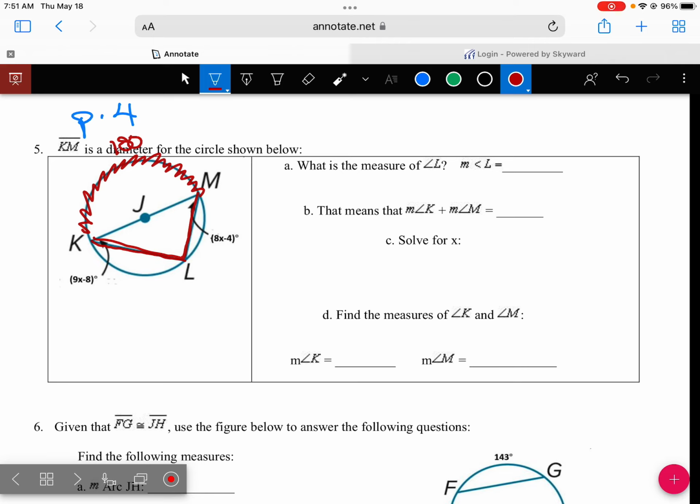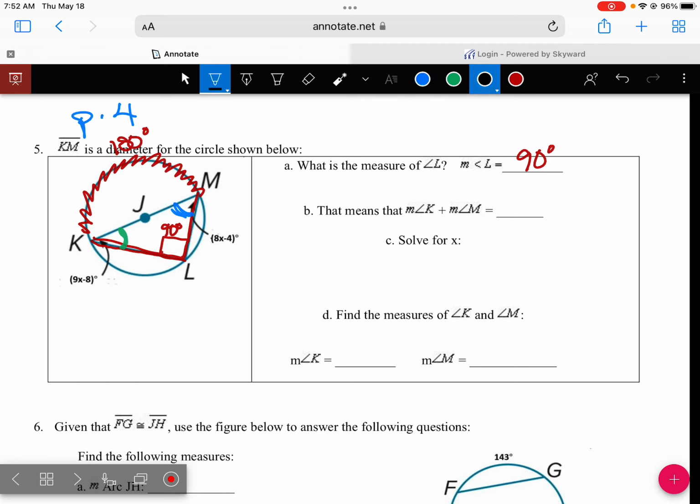So if this is 180 degrees, this angle that it intercepts is going to be half of that. So that is why it is 90 degrees. So if that's 90 degrees, that means the measure of angle K, right here, and the measure of angle M are going to be equal to what?